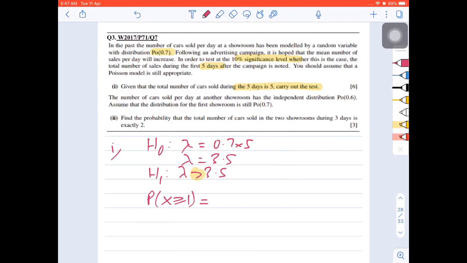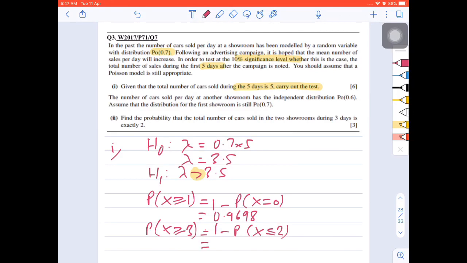So for X greater than or equal to 1, we'll have 1 minus the probability of X equals 0. That is 1 minus e to the power negative 3.5. This is 0.9698. This is a big value. So let's see, X greater than or equal to 3. That will be 1 minus the probability of X less than or equal to 2.